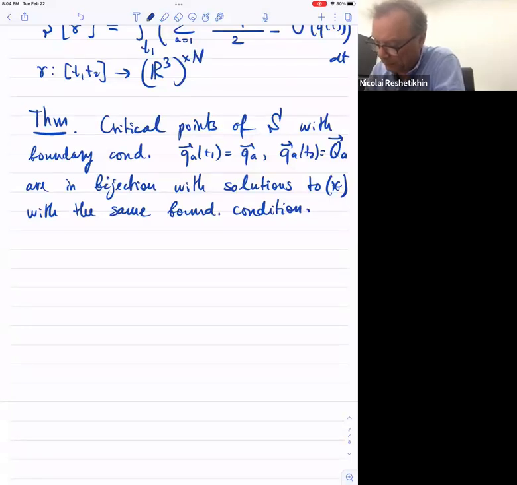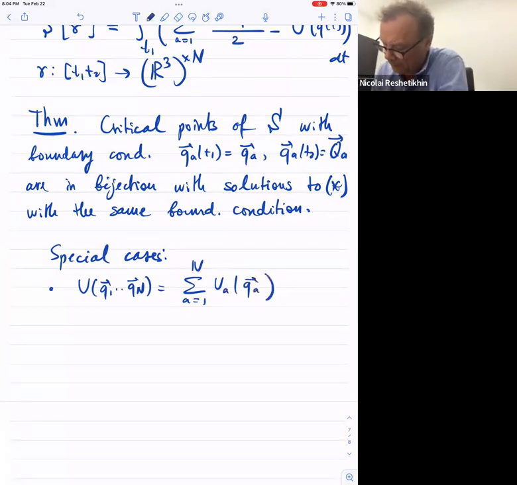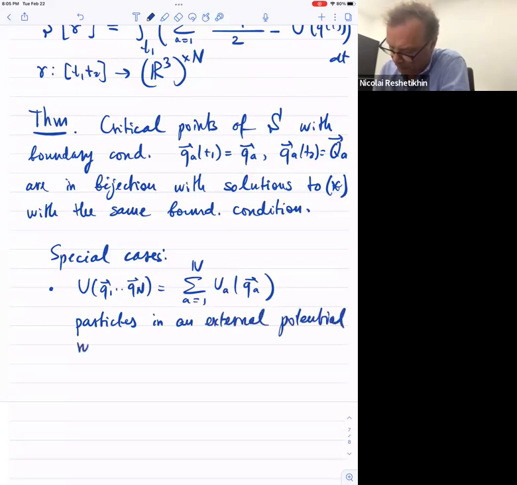Okay, now some special cases. Naturally, when the potential is the sum of potentials that depend only on the A-th coordinate Q_A, these are particles in an external potential force, but particles don't interact, non-interacting particles.